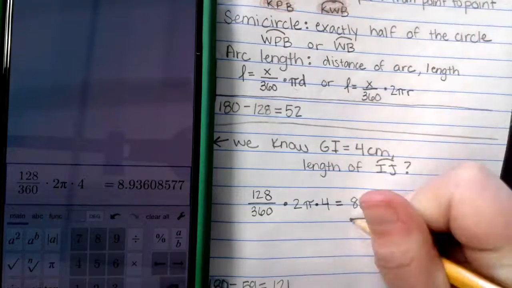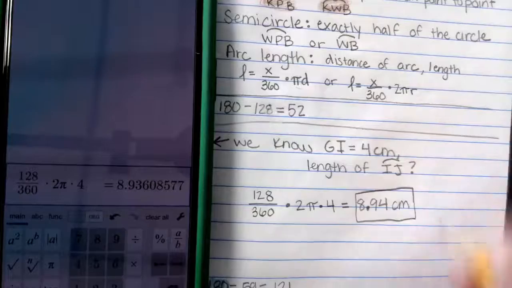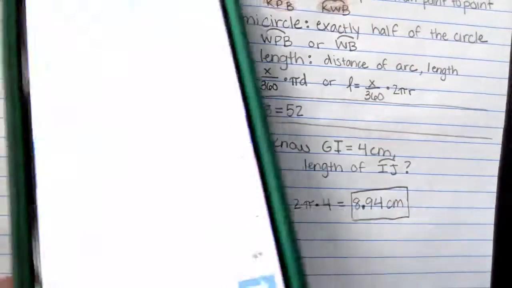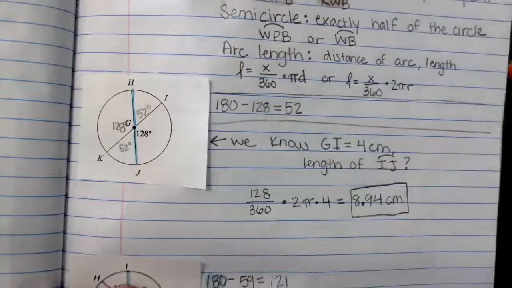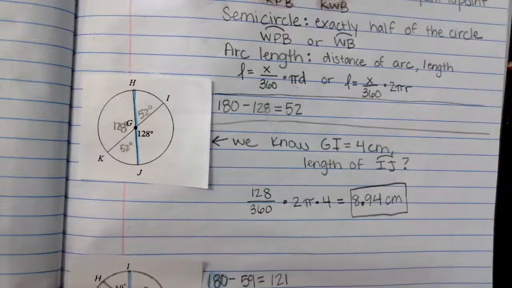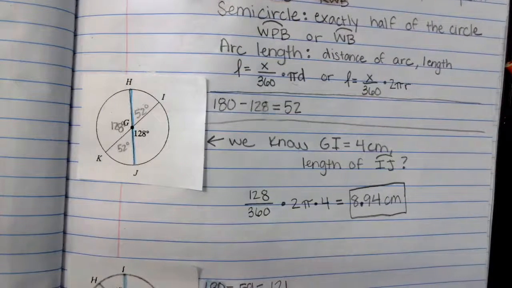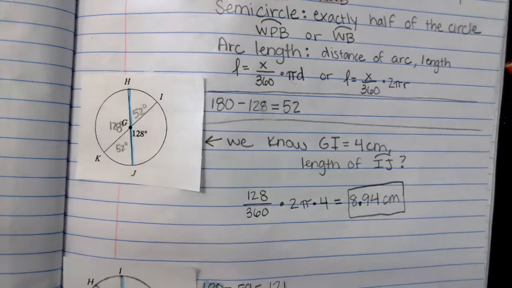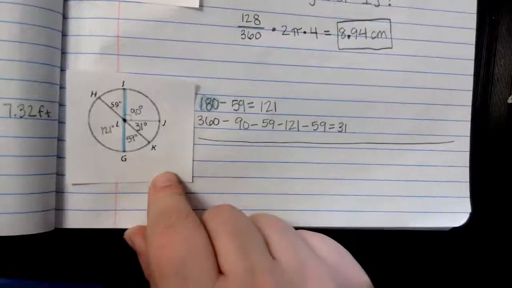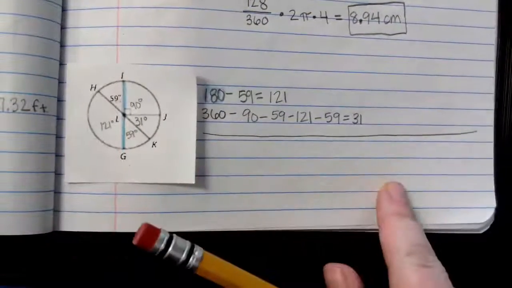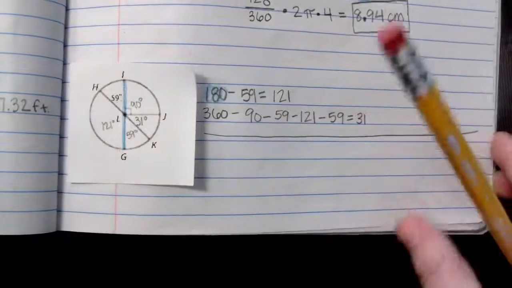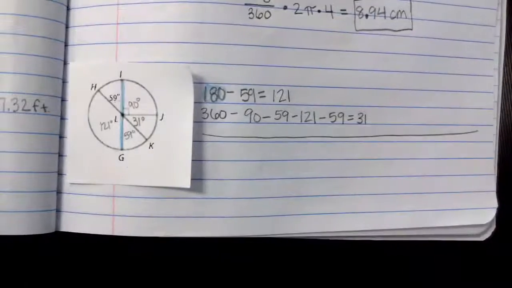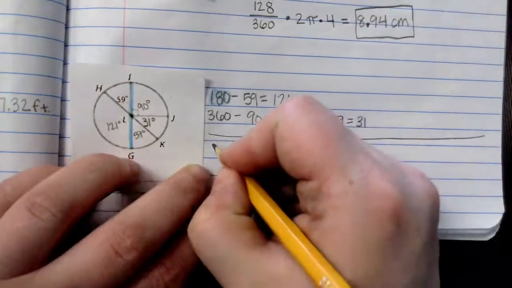All right, in this one, we know HK is 12 inches. And we want to know what is the length of HKJ, that arc.